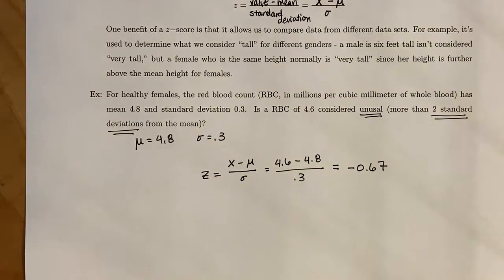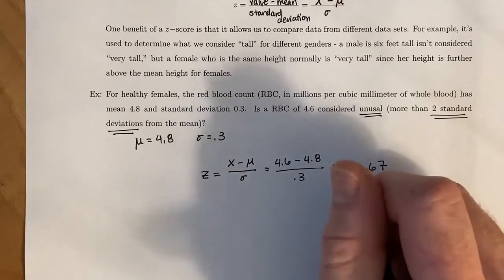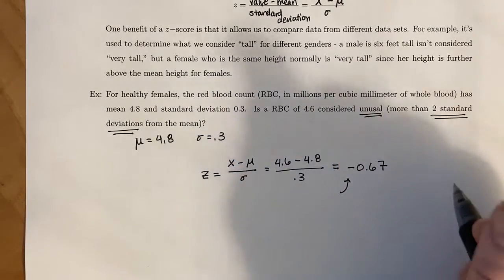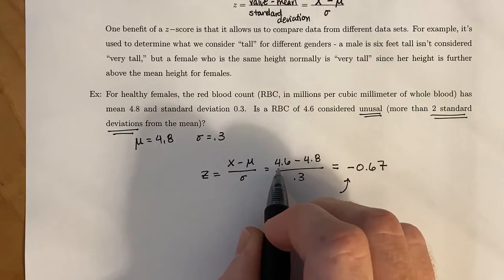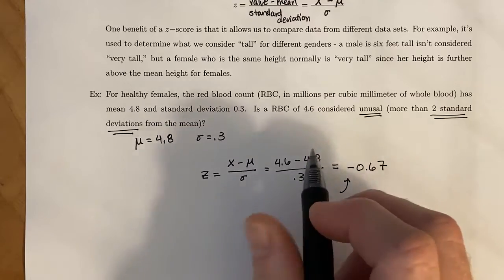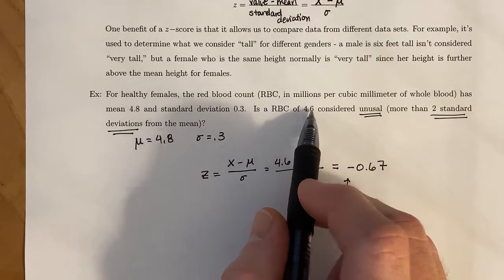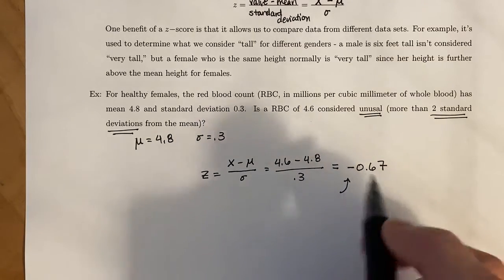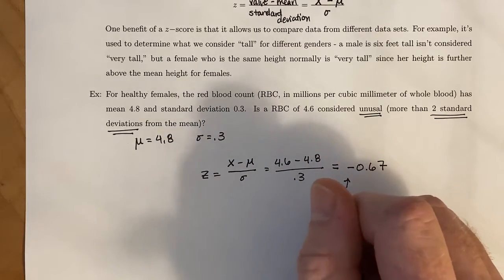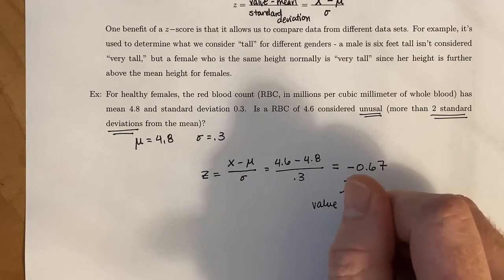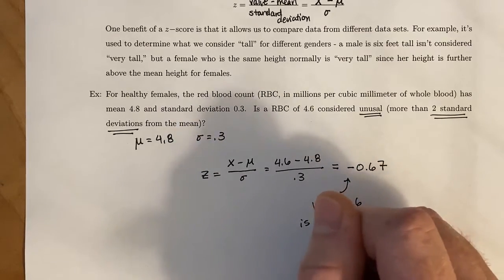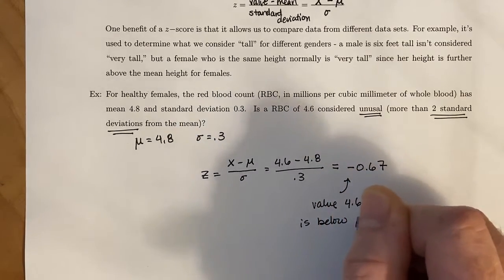All right, let's take a step back and think about what the negative means and what that 0.67 means. So the negative, well, we did 4.6 minus a larger number. The average was larger than the value we considered. And so the negative in the z-score just means that the value 4.6 is below mu.